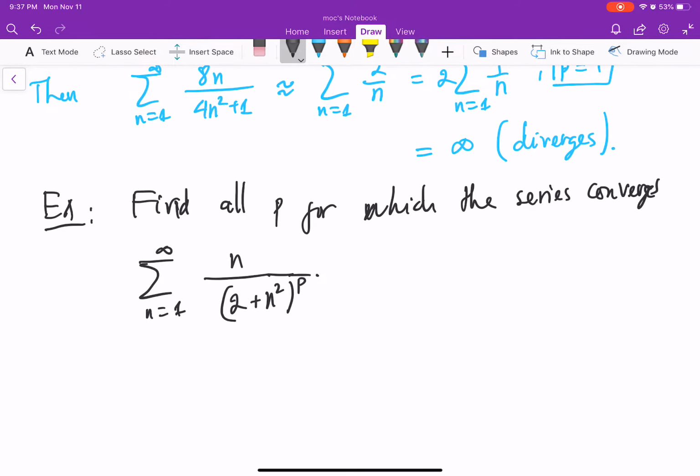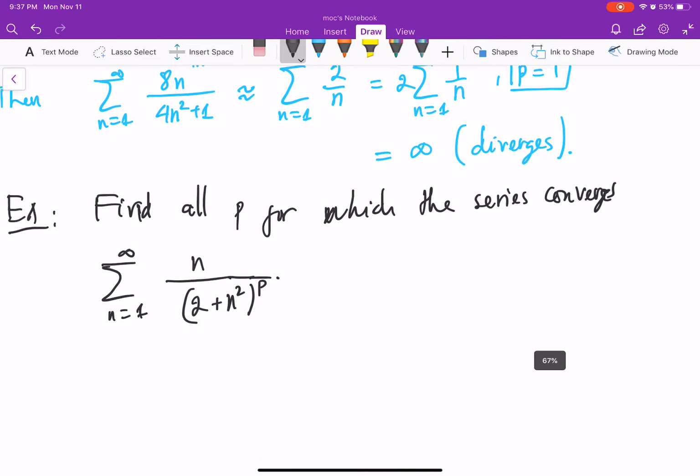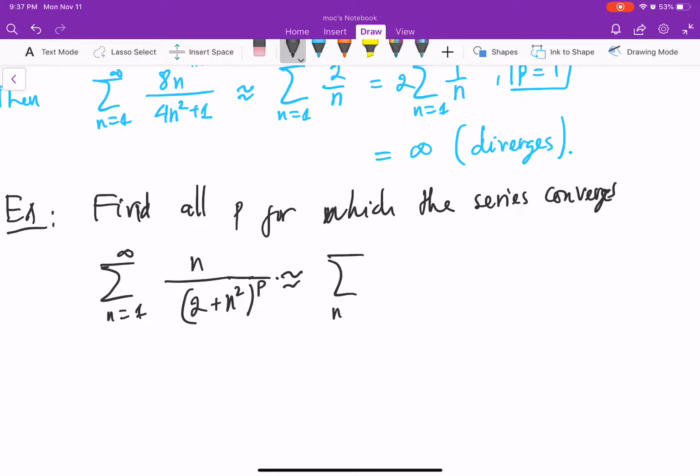All right, so again, I will use similarity at infinity. So this series is similar to the following one, the sum from n equals 1 to infinity of n over n squared to the p. Here I just pick n squared because I ignore 2, because that is the term with highest degree.